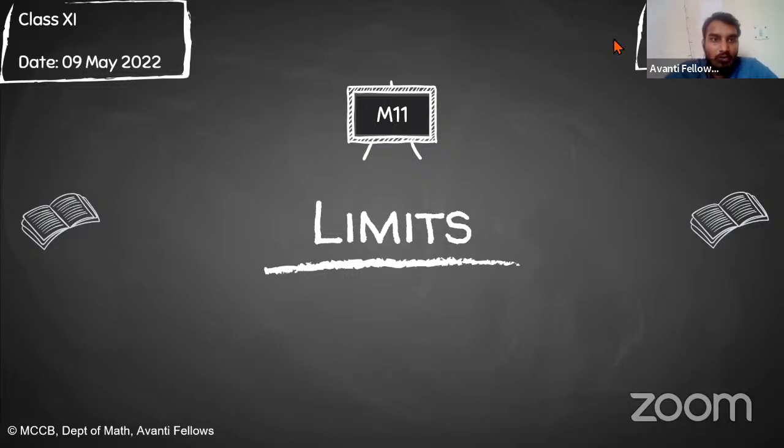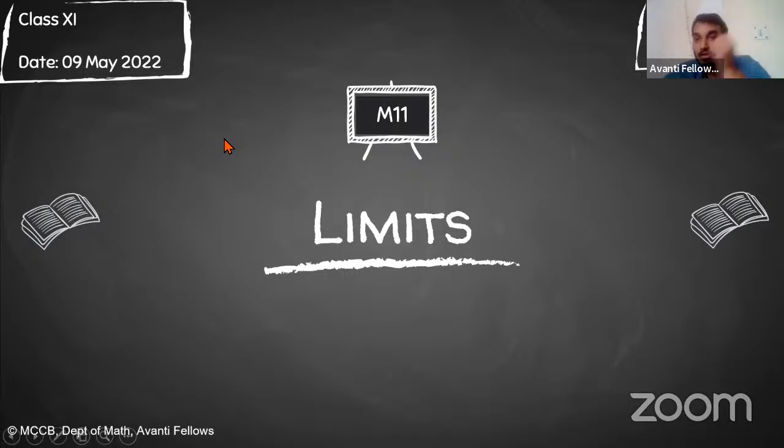Today we are going to have a basic introduction to limits. What the limit is, how to find the limit, all those things we will do in the next class. Today our main agenda is to become comfortable with the concept of limit: what the limit is, where we use it, and what the significance of using it is. Is this clear, everyone?